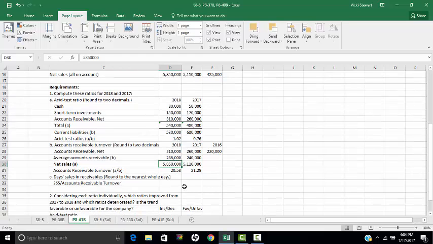And the next ratio that we're going to compute is called the days sales in receivables, and it uses the accounts receivable turnover. It's 365 divided by the accounts receivable turnover.